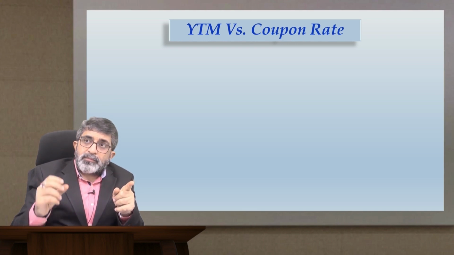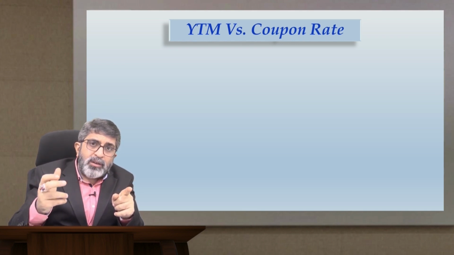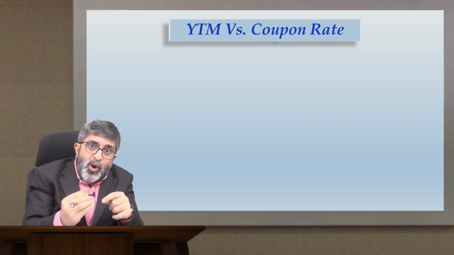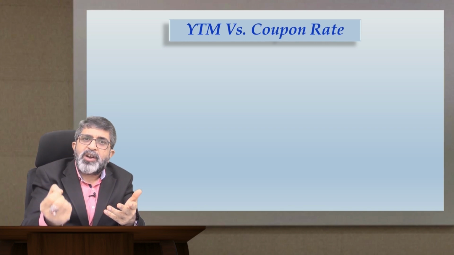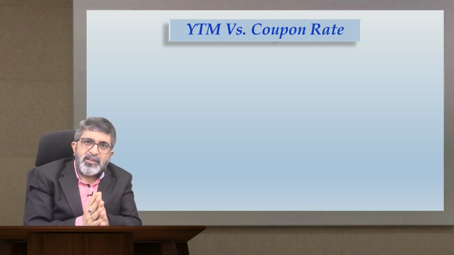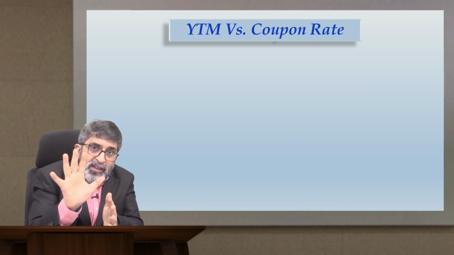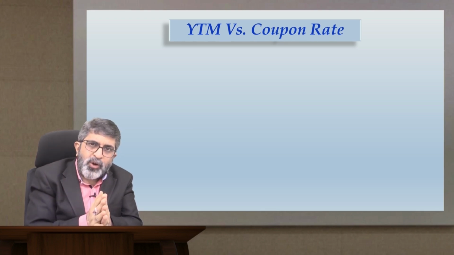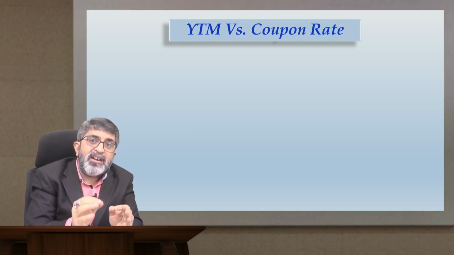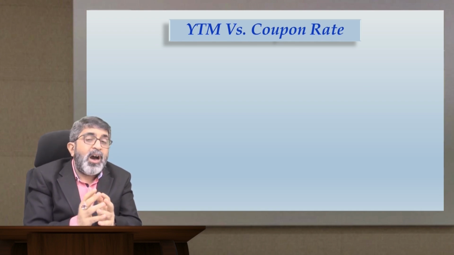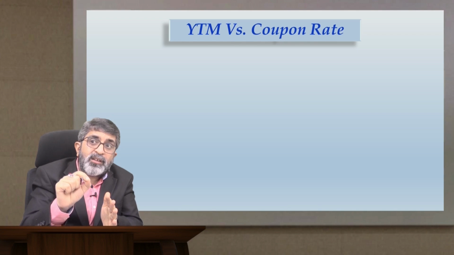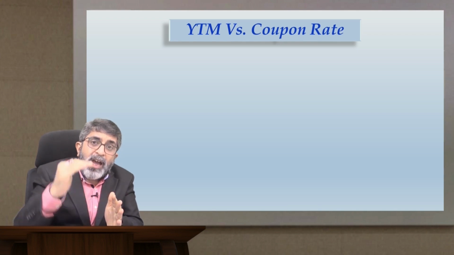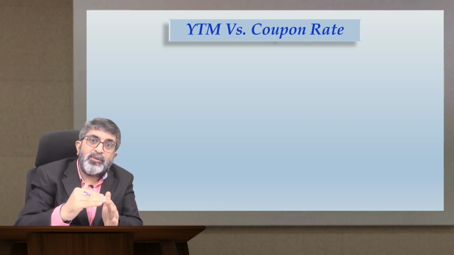Inversely, if the YTM of the bond is greater, that means the bond's yield is 7% where the bond's coupon rate is 6%. That means the bond is showing that it will pay a 6% coupon rate, but its real yield is 7%. How is this going to work? This is possible when the bond is traded in the market at lower than its par value, correct?